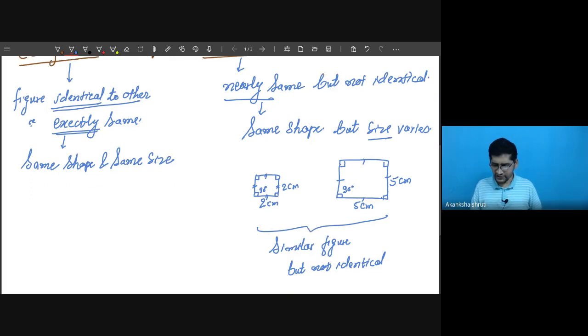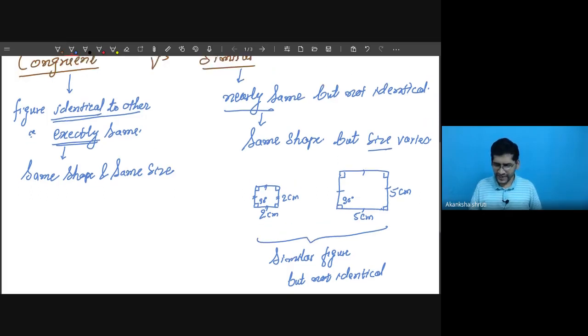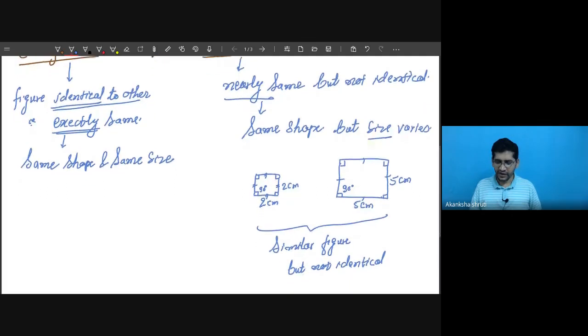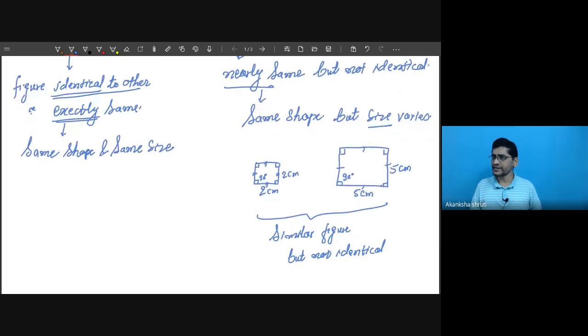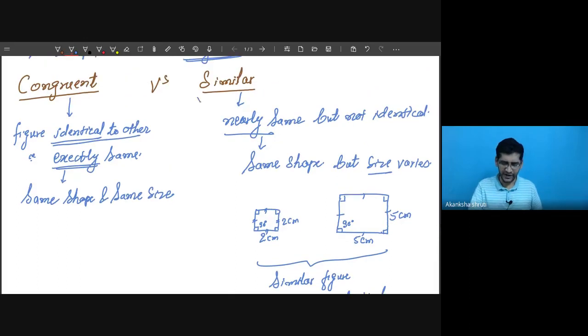In such a situation where the basic characteristic or appearance is nearly the same, we call them similar. But in addition to the similarity, if the size is also the same, then it becomes congruent. This congruent we have already learned in class 9th.